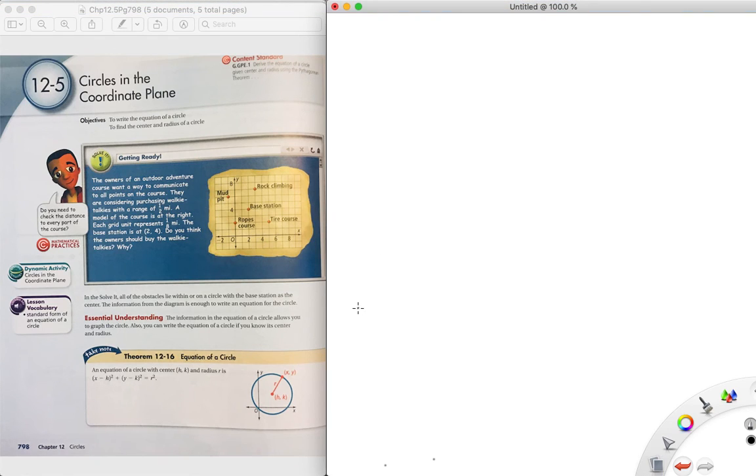Alright, this is Geometry Chapter 12, Section 5. Coordinates in a plane that have circles. Circles on a coordinate plane. Alright, so we have a circle.